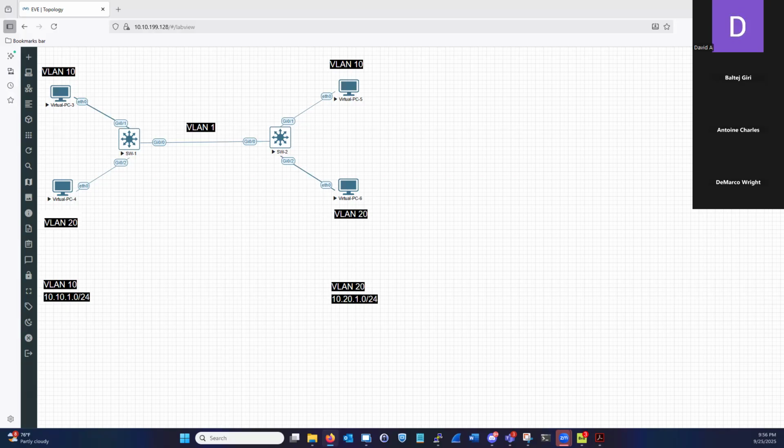It's tagging frames because, for the sake of passing traffic, I need to say to my peer, another switch that speaks the same language as me, hey, by the way, PC3 is in the same broadcast domain as PC5. So I'm going to tag this traffic from PC3 for VLAN 10, so it gets sent to the right broadcast domain on the other side. Does that make sense?